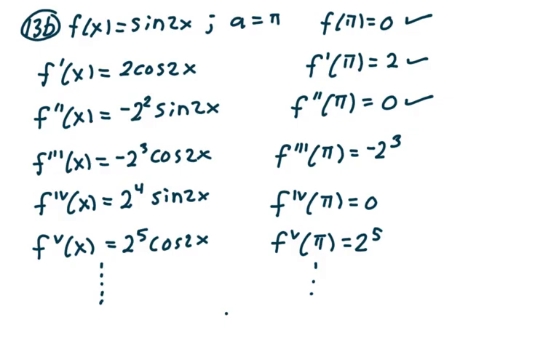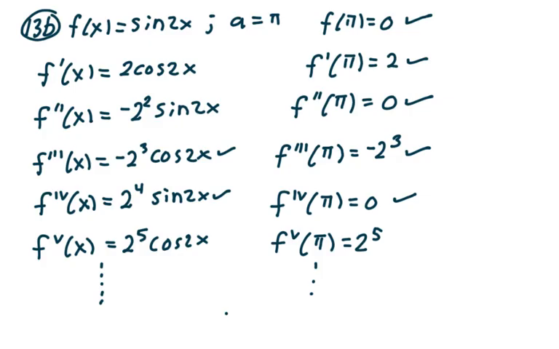So when I take f triple prime of x, I get negative 2 cubed cosine 2x. F triple prime of pi is negative 2 cubed. The fourth derivative of f evaluated at x is 2 to the fourth sine 2x. The fourth derivative of f at pi is 0. The fifth derivative of f at x is 2 to the fifth cosine 2x.